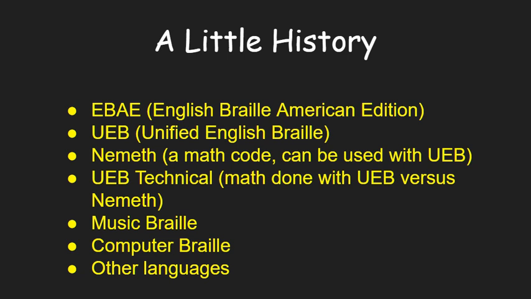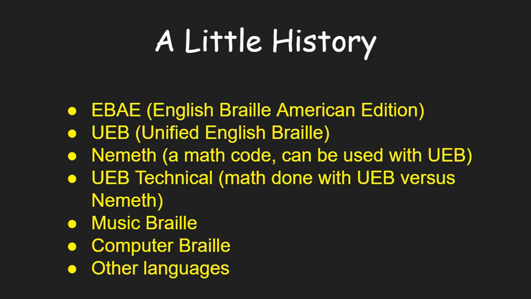In the past, an English learner in the United States would learn a Braille code called EBAE, or English Braille American Edition. Now, this code was great. A lot of people loved it. But if a student from the U.S. or a professional from the U.S. who was a Braille reader went to a different English-speaking country and tried to access Braille, they would run into some struggles because pretty much everywhere else on the planet except for the United States uses a code called UEB, or Unified English Braille.